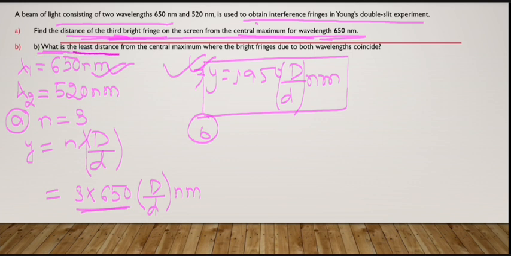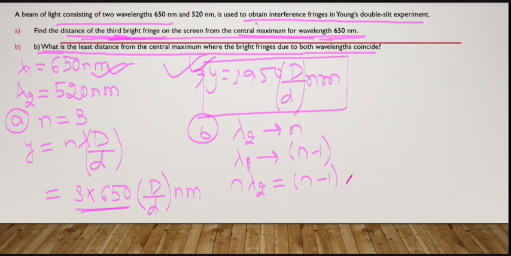What is the least distance from the central maximum where the bright fringes due to both wavelengths are coinciding? If they are coinciding, let us consider the wavelength 2 is forming the nth bright fringe, and wavelength 1 light is forming the (n minus 1)th bright fringe. If they are coinciding, then we can write n lambda 2 equals (n minus 1) lambda 1.